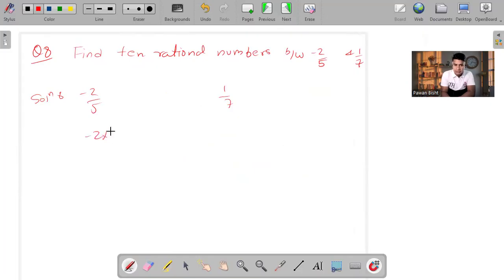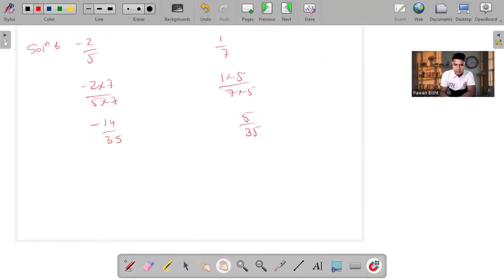So we multiply numerator and denominator by 7. Here multiply numerator and denominator by 5. So this will be minus 14 over 35 and this will be 5 over 35. You have to write any 10 numbers in between them.